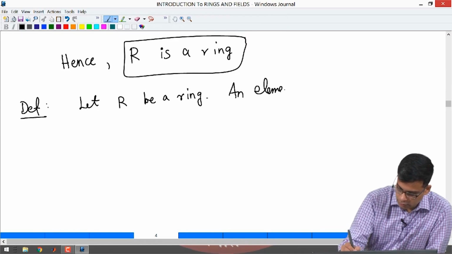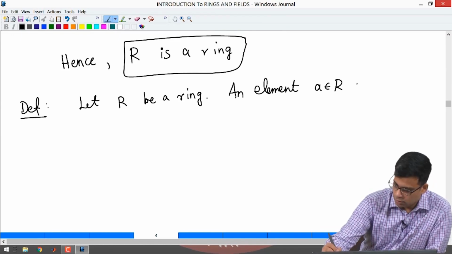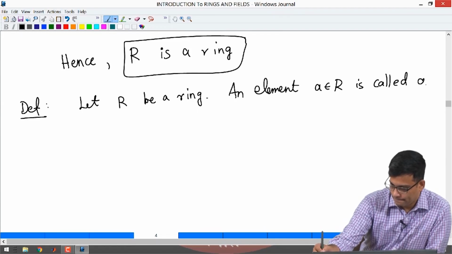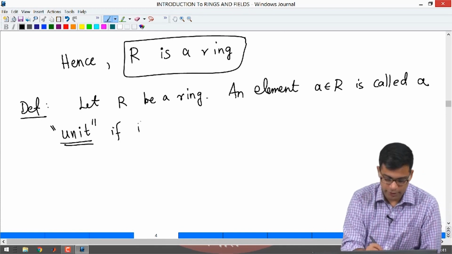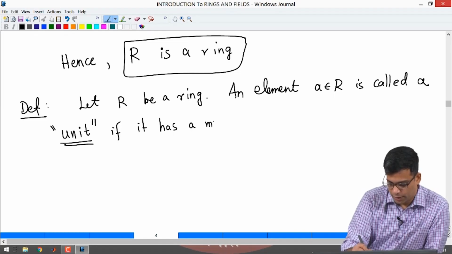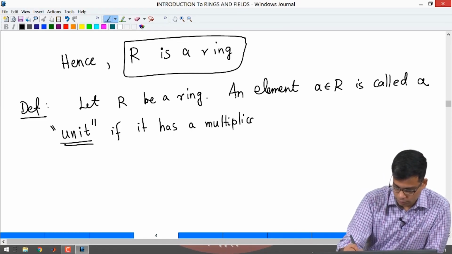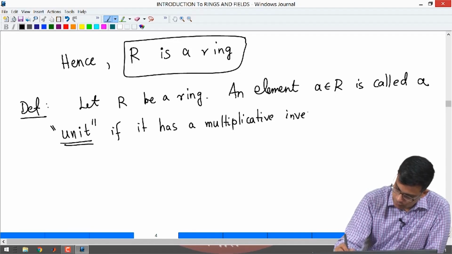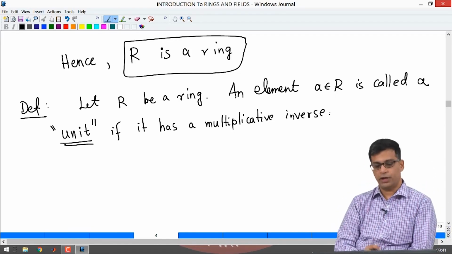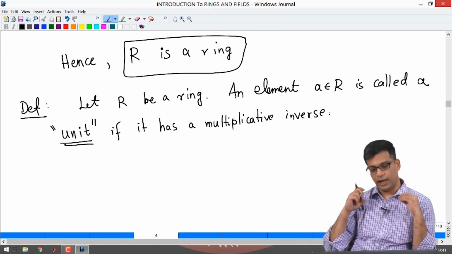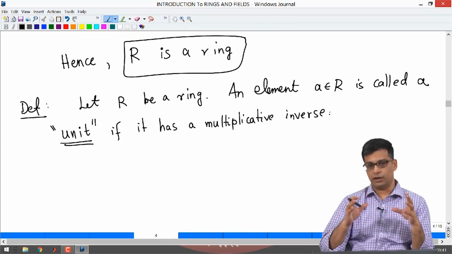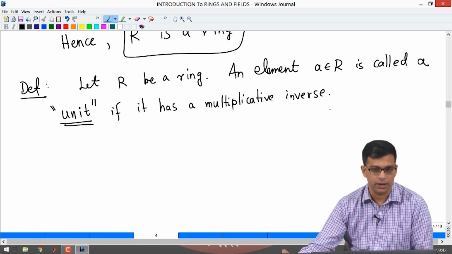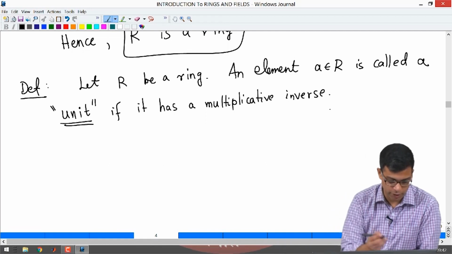An element a in R is called a unit if it has a multiplicative inverse. Okay, so that's all. So, a unit is an element of a ring which has a multiplicative inverse. Not every element in a ring is required to have a multiplicative inverse. So it need not be a unit, but if it does, we call it a unit.